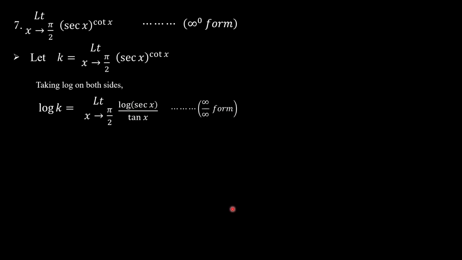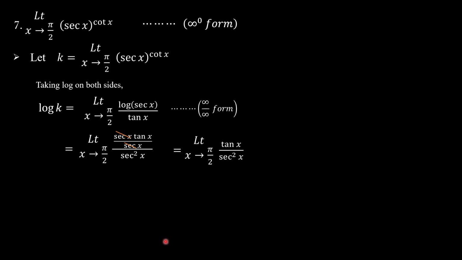So by the rule, log k becomes limit x tending to pi by 2 1 by secant x into tan x divided by secant square x, which is equal to limit x tending to pi by 2 tan x by secant square x.